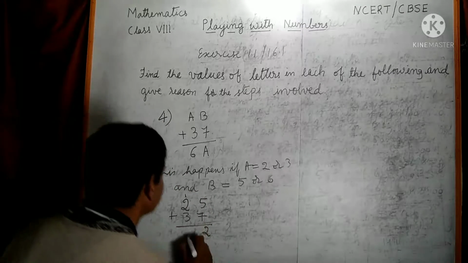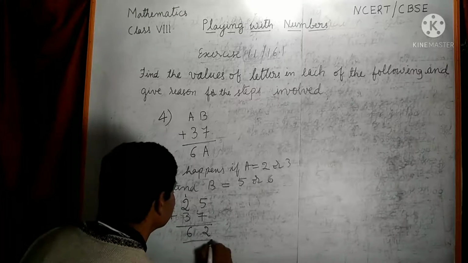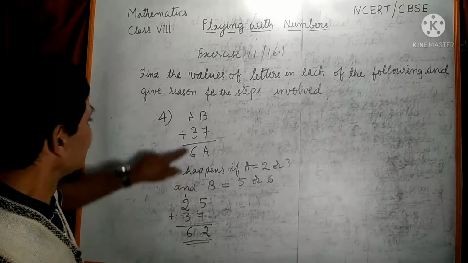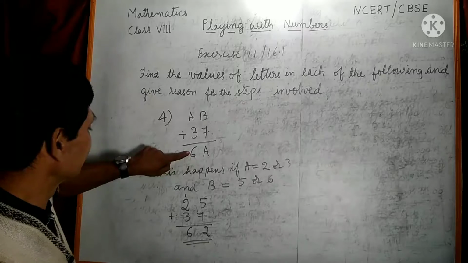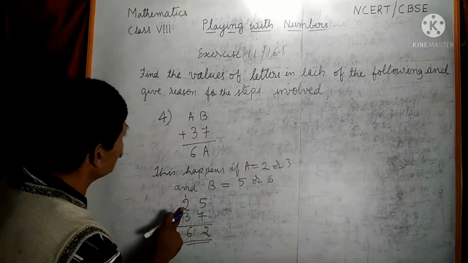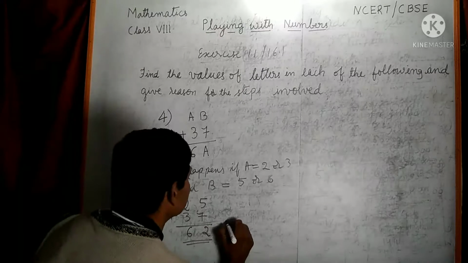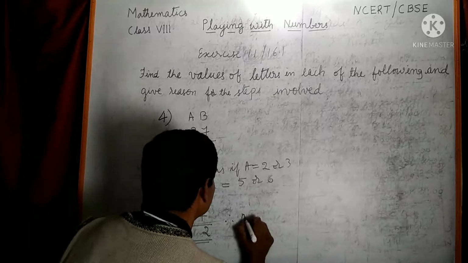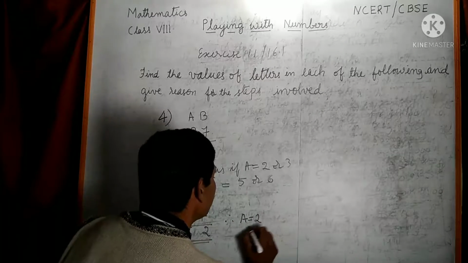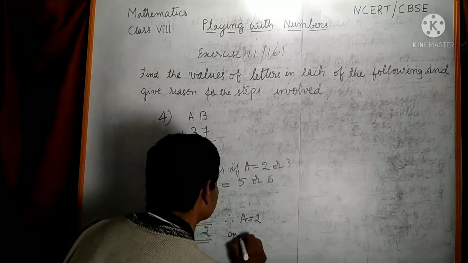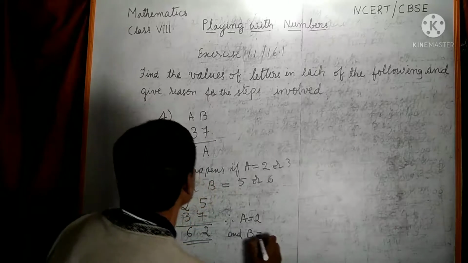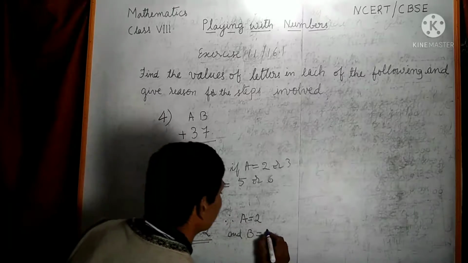Carry 1, 6. So that this matches with the answer. A is 2 and here A is equal to 2. Therefore, A is equal to 2 and B is equal to 5.